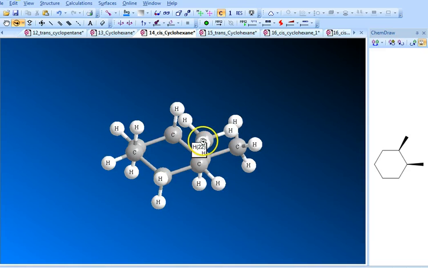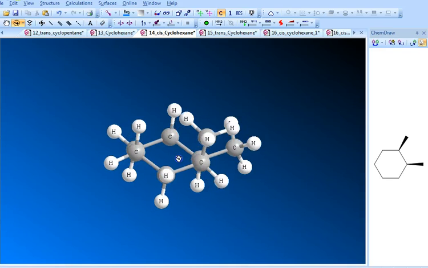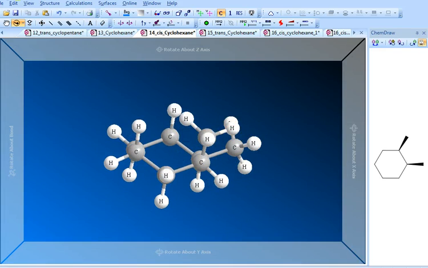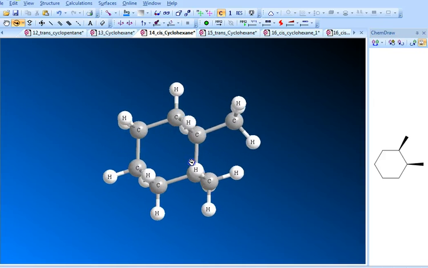Similarly this methyl group is up relative to this hydrogen. Since both methyl groups are up relative to the hydrogens on the same carbon, this is a cis conformation.